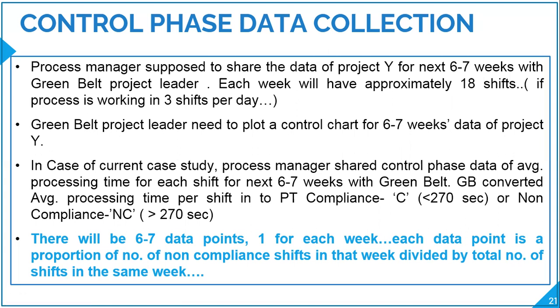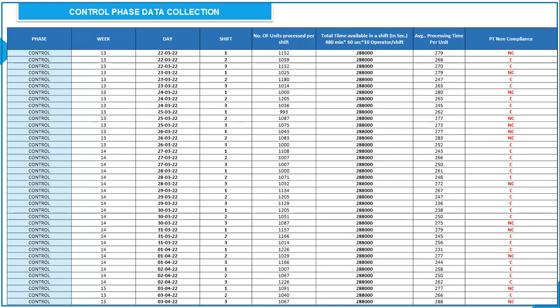Let's go ahead. Right, so this is the control phase data. We started collecting data on 22nd of March 2022. This is the same pattern, the same template: phase, week, day, then shift, number of units processed per shift, total time available in a given shift, that is 288,000 seconds, then average processing time per unit for a given shift.